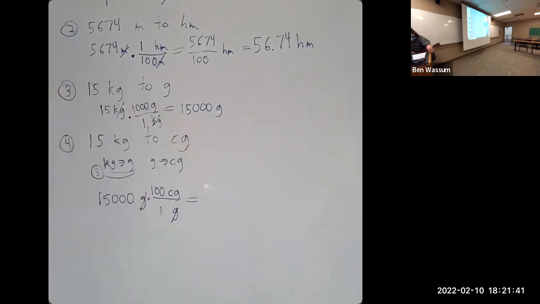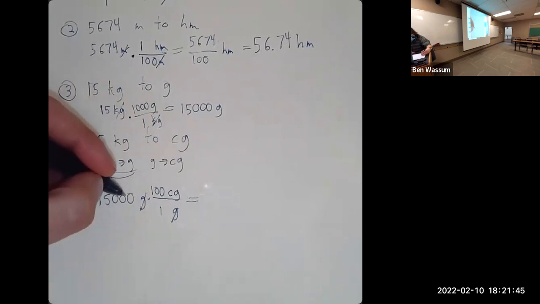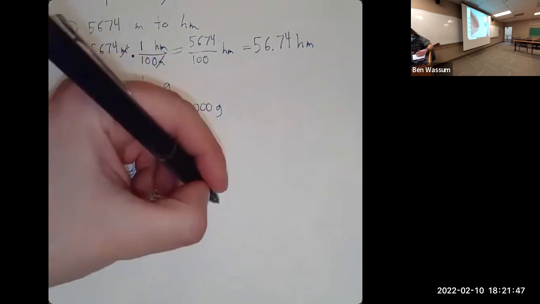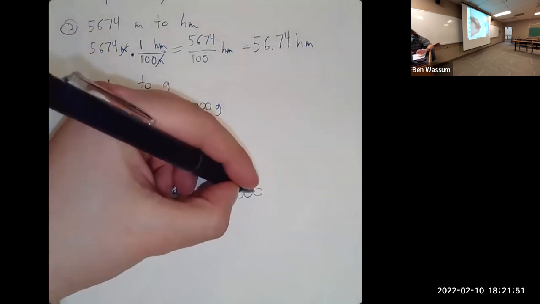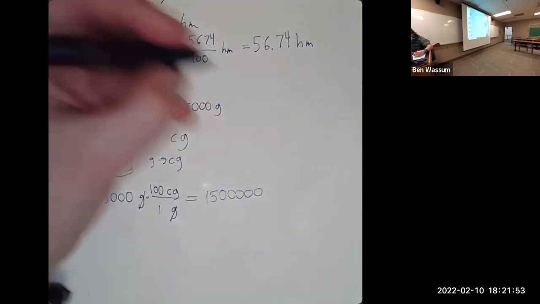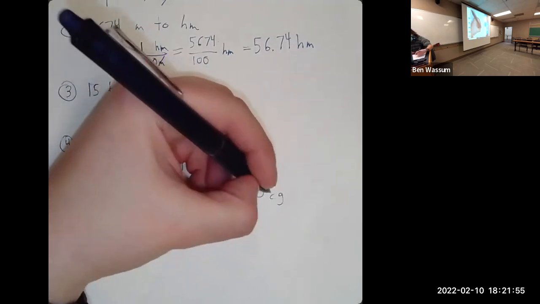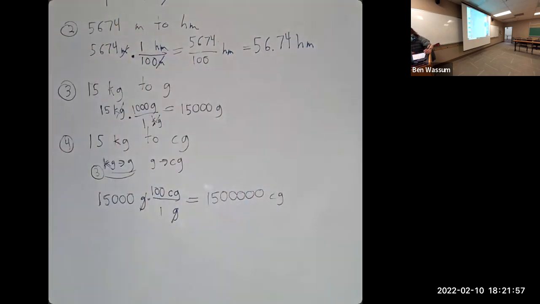You end up with a 15 and a whole lot of zeros, right? 1, 2, 3, 4, 5 zeros. 15 and 5 zeros. Centigrams. So only 1.5 million. A little nicer to keep things in kilograms.